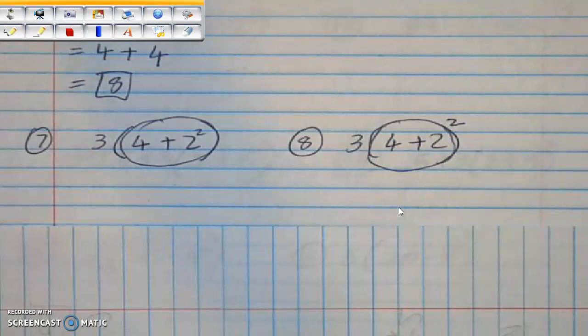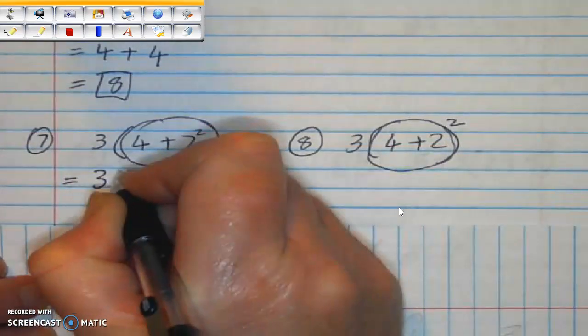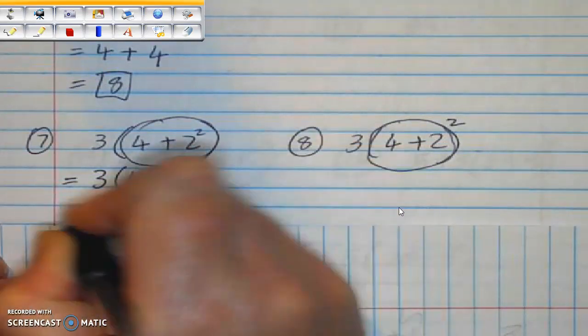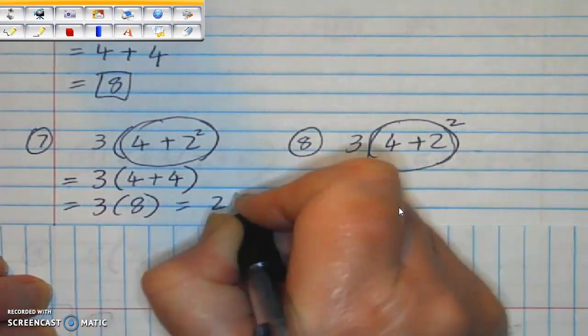So now if you look at those 2 problems, you can see one of them is just 4 plus 2. That's on the inside. The other is 4 plus 2 squared. Oh, we just did 4 plus 2 squared a moment ago. So this one becomes 3 times 4 plus 4, which is 3 times 8, which is 24.